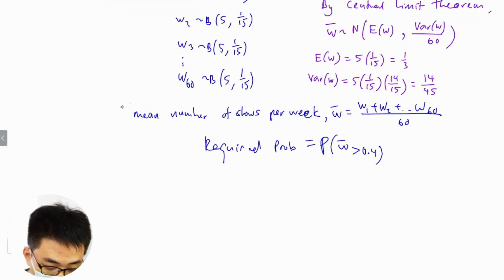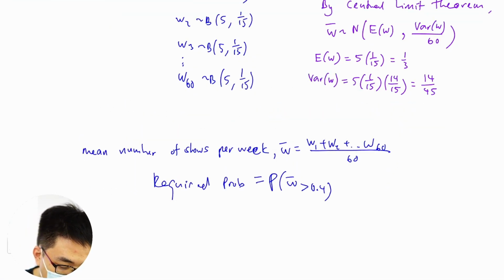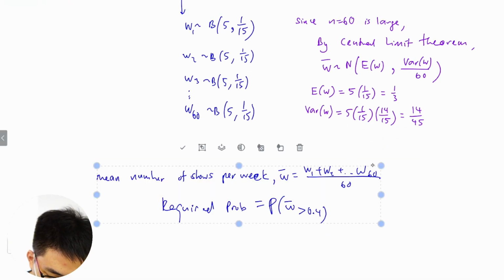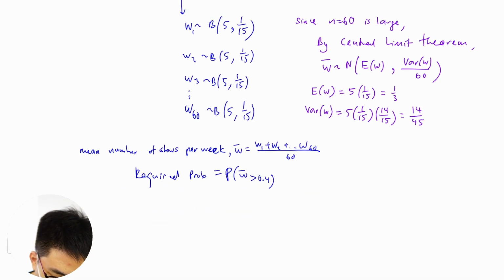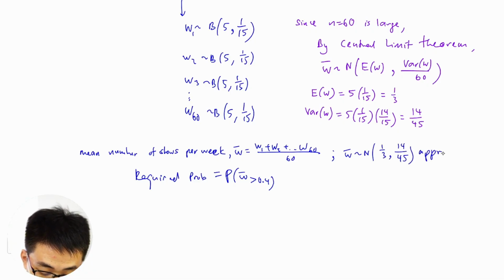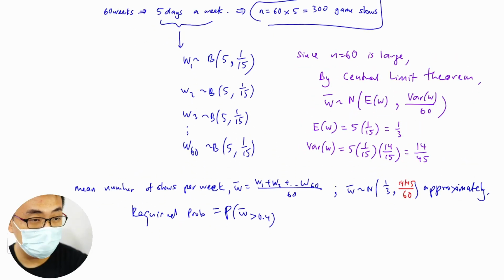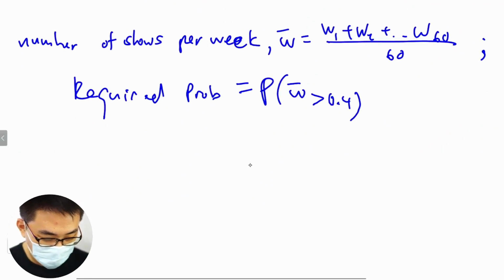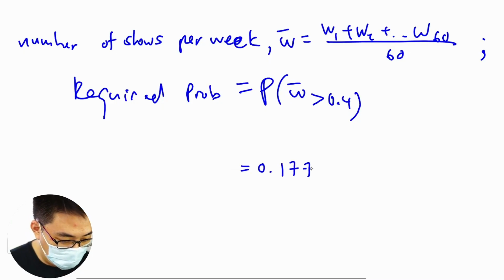So in other words, bar W is approximately normally distributed with mean 1/3 and variance 14 over 45, by CLT. Sorry, this is divided by 60 because it's variance W over 60. I forgot to divide by 60 here. This will give us 0.177.